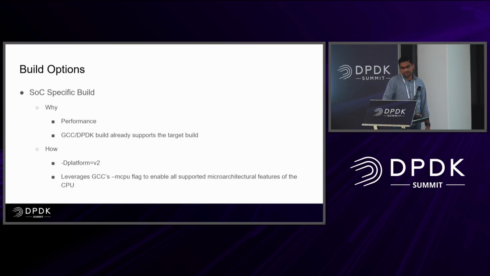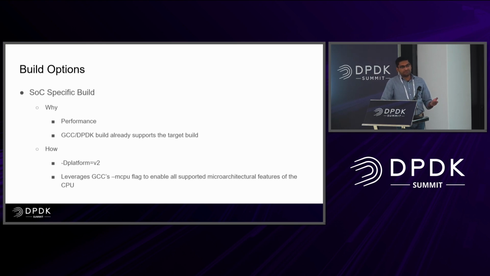The next one is SOC specific. Why do we need this? Because some people care about performance, as I mentioned. If you are a SOC vendor or an appliance vendor, you might want performance benchmarks out of that build, and in that case you will want to build it against a particular SOC. The caveat is that it should be supported by the version of GCC you are using, because we are relying on the mcpu flag.